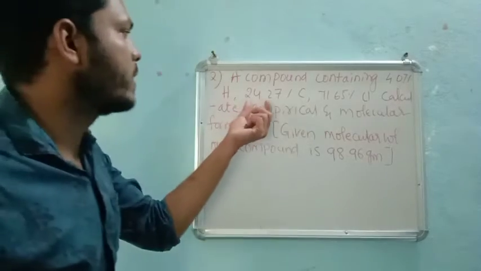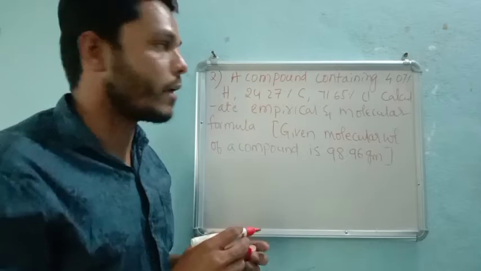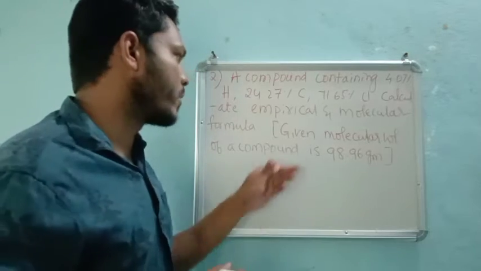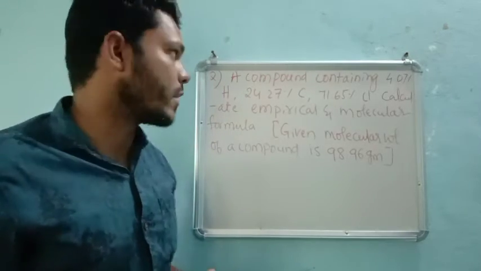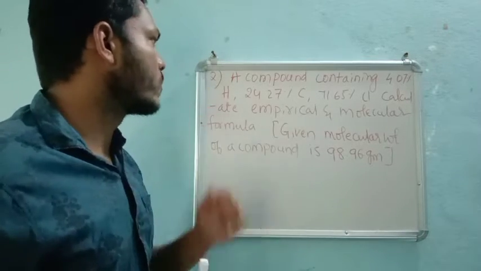So you copy these values. I will directly write here the table, and then directly we will calculate, because I am not having so much space, right? A compound containing, you can once again go through this question.